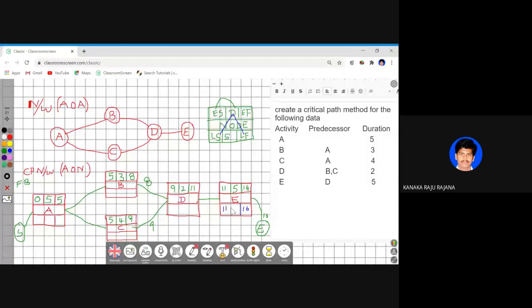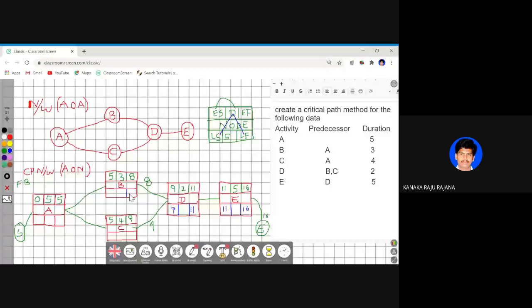Is this clear? Now this 11 has been carried backward to D activity. 11 minus 2, which is nothing but 9. Now 9 has been split across B. Again the same rule.